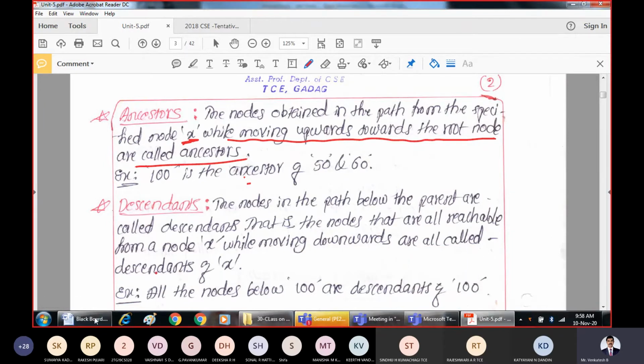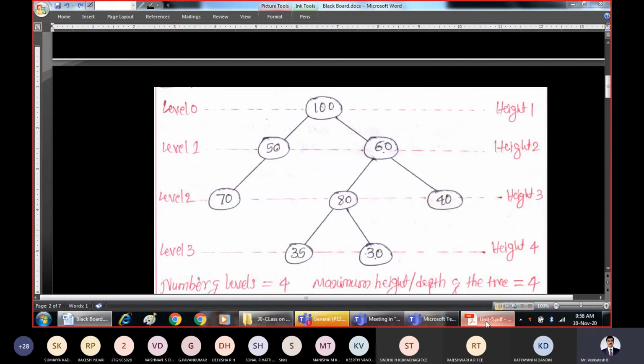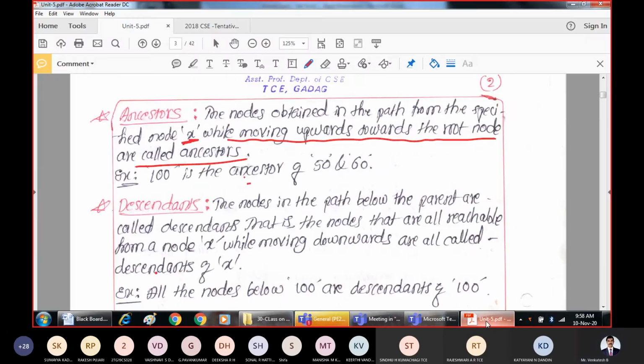Right? So I will take the diagram and explain. For any given node, when you move from that node up towards the root node, all the nodes you obtain are called ancestors for that node.